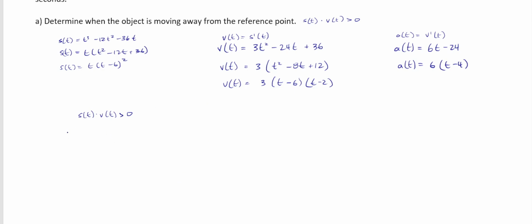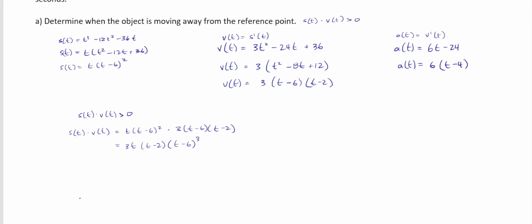The easiest thing to do there is take the two functions in their factored form and put them together. So let's take the position function and put that together with the velocity function in its factored form. Once you have it in its factored form, it's pretty easy, in my opinion, to find the graph of that.